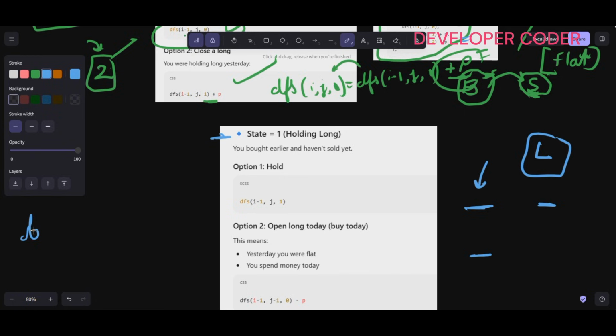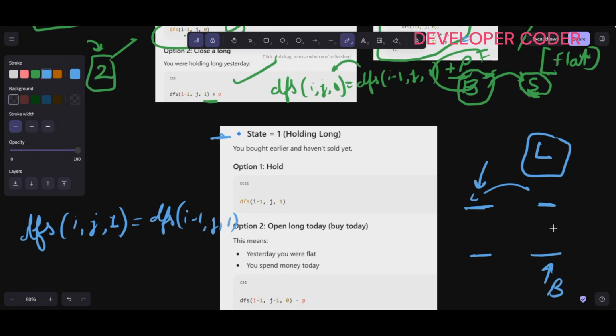So that simply means you want to move to this state i, j and 1, hold state, long state. So definitely if you don't do anything here, maybe from the previous state itself you get long, and you don't do anything here. Okay, with this, or you may buy something here to move to the long state, right?